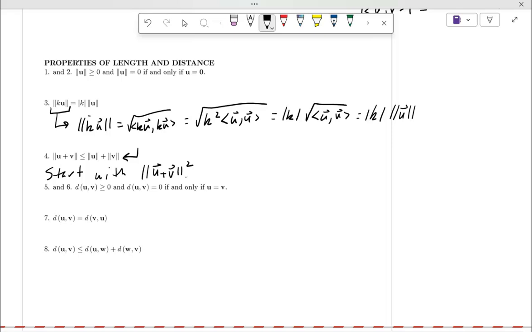So this is, what is it? It's positive. I don't have to worry about the absolute value, but it doesn't tell me what k is. It just says k is a scalar. k could be negative. There's nothing about that that tells me that k couldn't be negative. That's why I have to do absolute value.